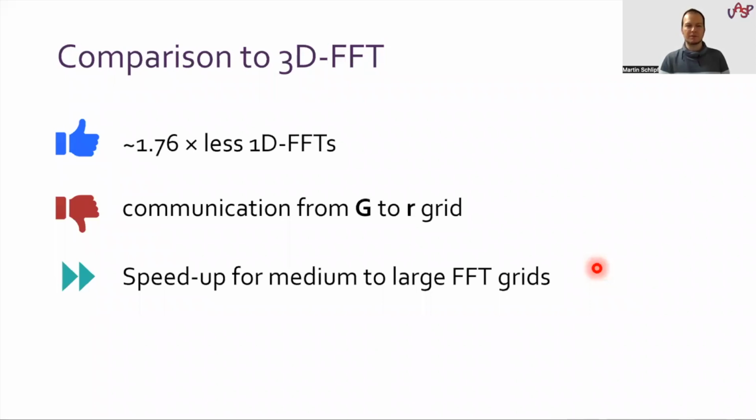But the speedup is still reasonable, so that for all medium to large FFTs, it's still more efficient to use this custom FFT. And as these are the systems where you're probably most worried about the compute time, we typically recommend that you use this custom FFT.